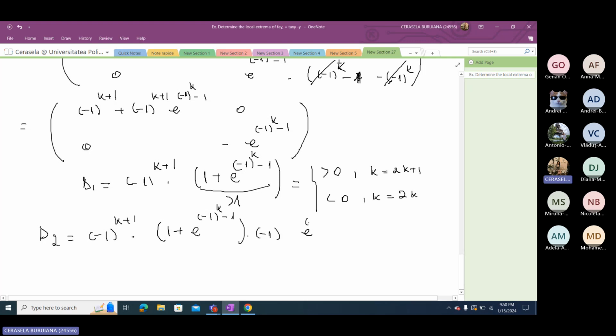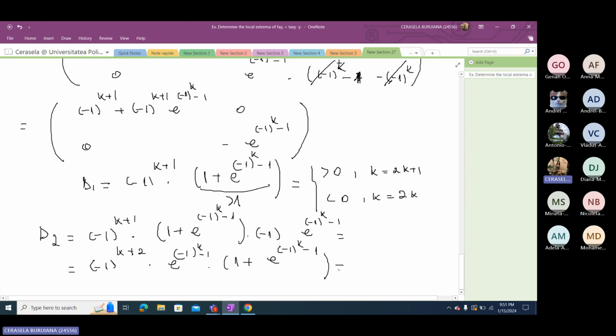But you see, the exponential doesn't influence the result, because it's positive, and 1 plus the exponential is also positive, so they appear in the expression for delta 2, but they don't influence the sign. So I get actually (-1)^(k+2) times the exponential to the power (-1)^(k-1) times 1 plus e to the power (-1)^(k-1).